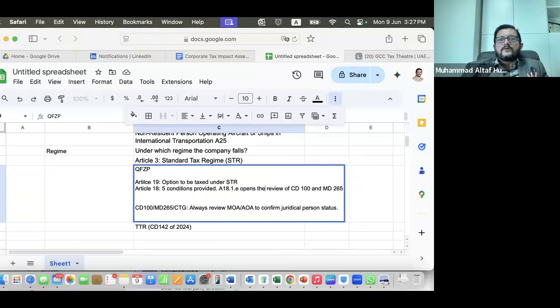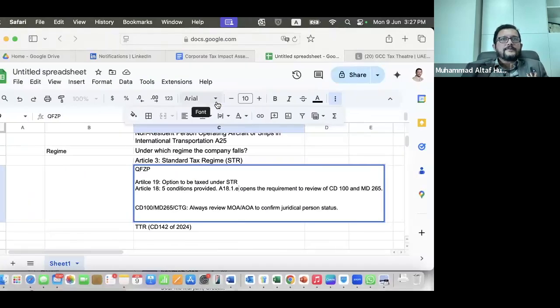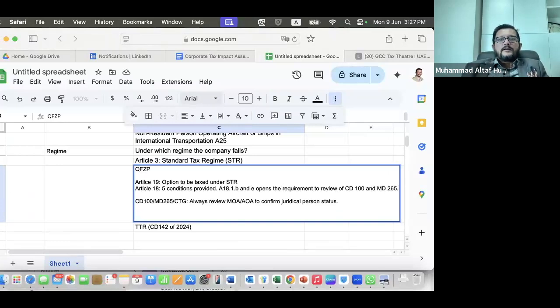opens the requirement to review all of that. So clause E and also clause B, because in clause B we have to redirect to the CD. Yes, B and E, so they open the Pandora's box of CD 100 and MD 265. Fine.